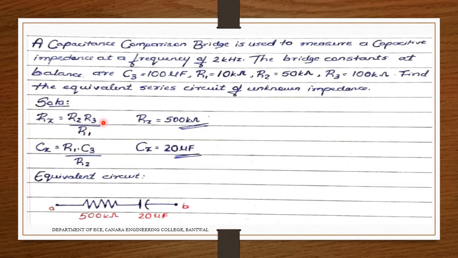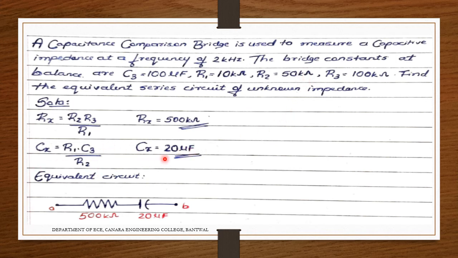Substitute the R2 and R3 values. R2 value is 50 kilo ohms, R3 value is 100 kilo ohms, and R1 value is 10 kilo ohms. When you substitute, we get Rx equal to 500 kilo ohms. Similarly, Cx is equal to R1 into C3 divided by R2. This is again the same formula we derived in capacitance comparison. R1 we know is 10 kilo ohms, C3 is 100 microfarad, divided by R2 50 kilo ohms.